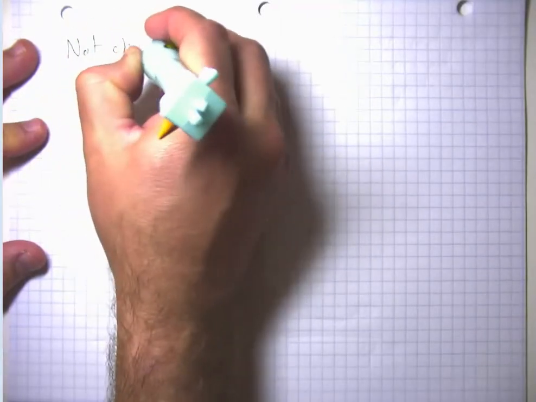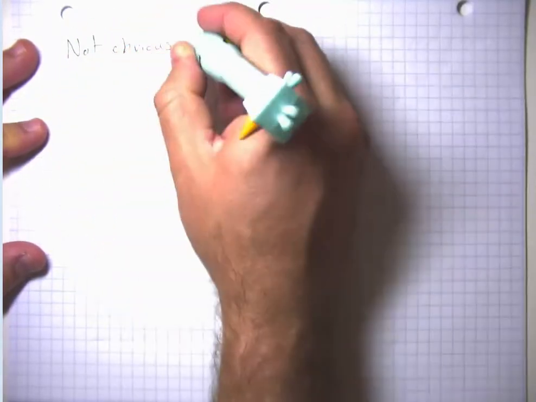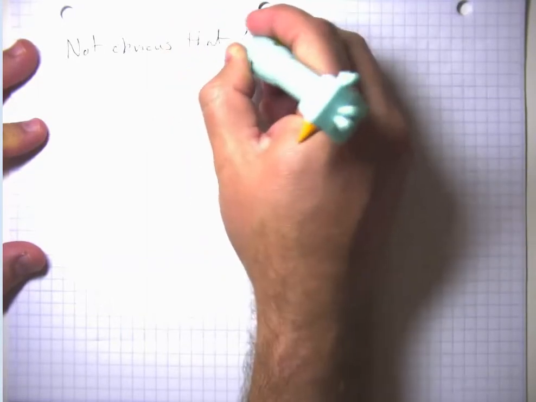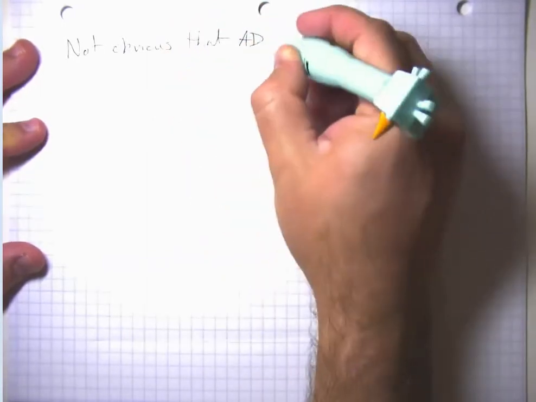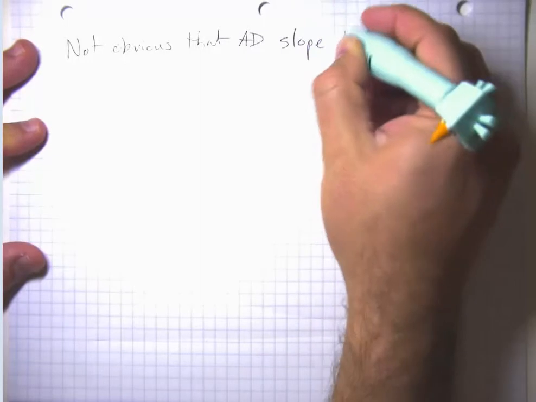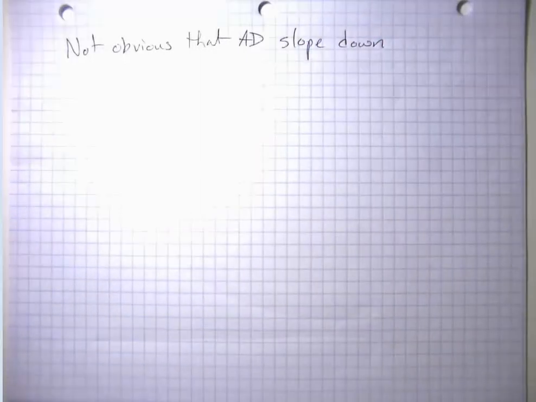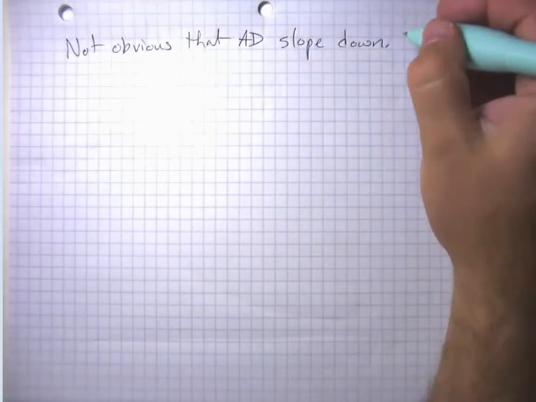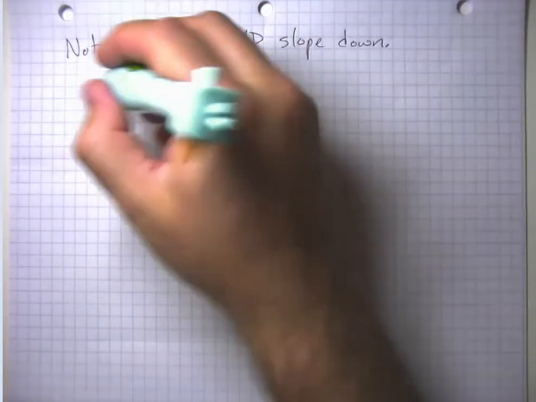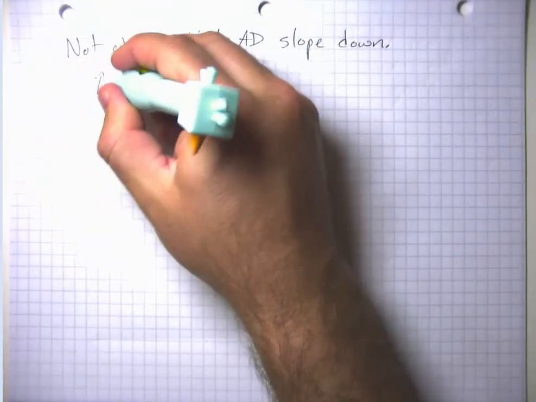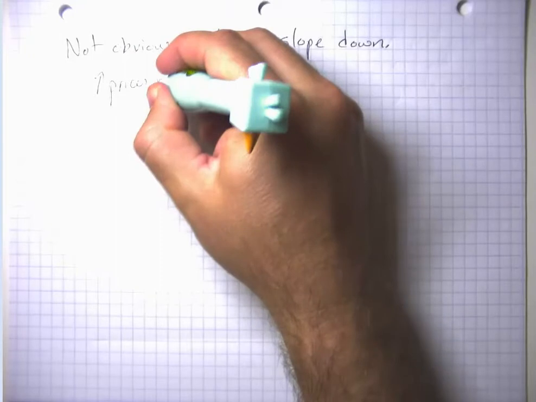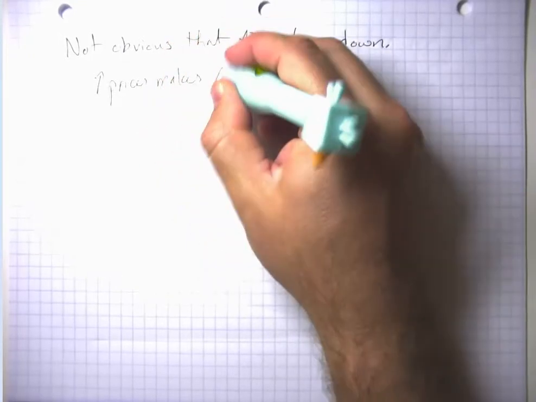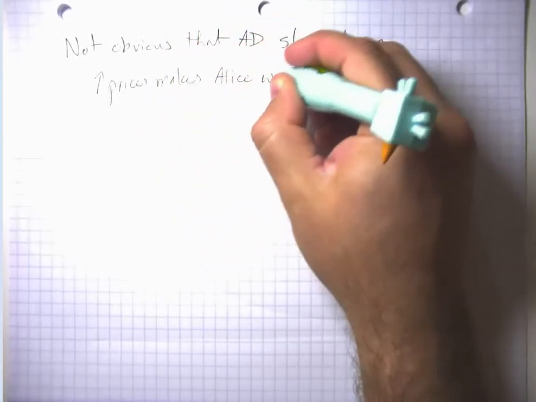It's actually not obvious and not without controversy that the aggregate demand curve, AD, slopes down. Because you can imagine the following sort of argument. Yes, an increase in prices makes Alice want to buy less.